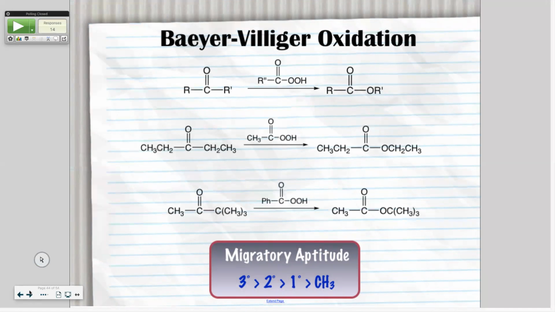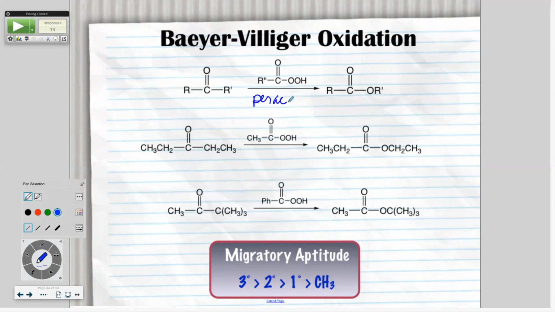Okay, the Bayer-Villiger oxidation was done by Bayer and Villiger. Okay, now I want you to notice what that reagent is. Is that reagent a carboxylic acid? No, what is it? Oh, it's a per acid. And we used them once before, back in the dark ages.